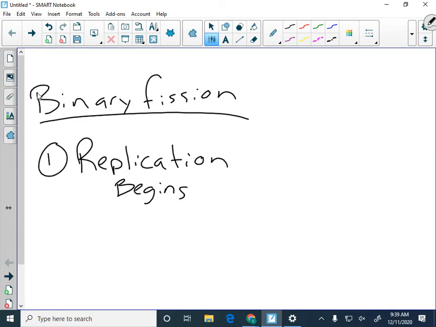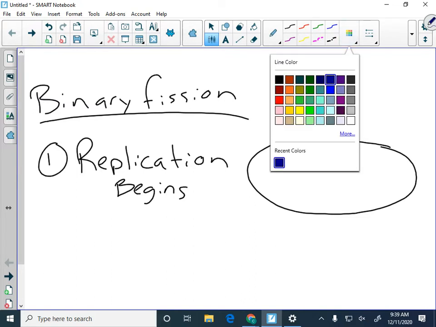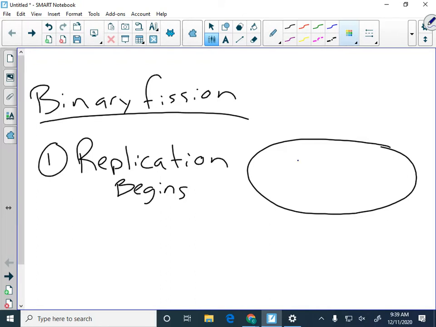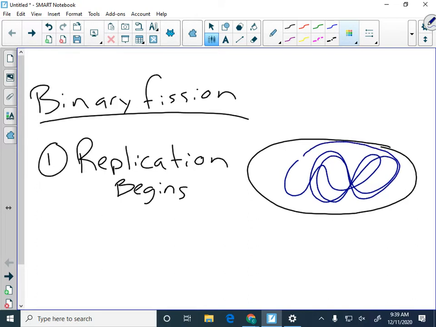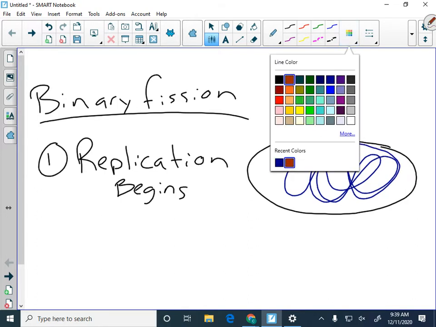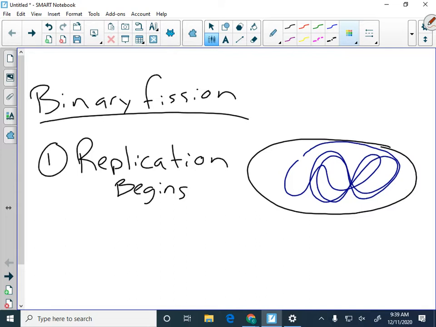That's our bacteria cell. We are in a circle, so where it starts is where it has to end, and we are going to have a little origin of replication.